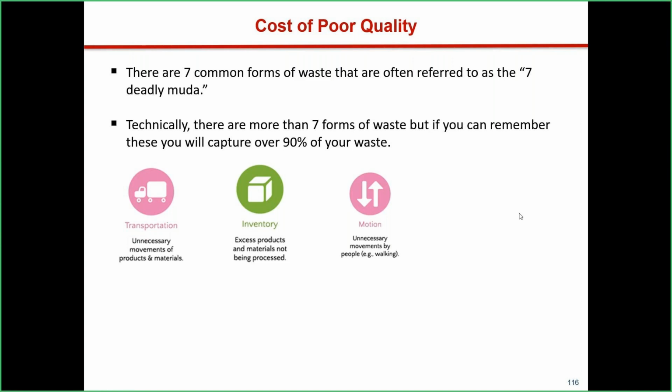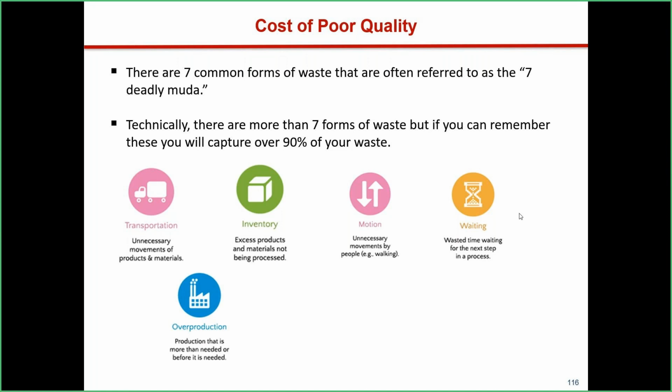Motion: unnecessary movement, people walking, yeah, it's a waste. It's motion. Waiting: wasted time waiting for the next step in the process is again a waste. Overproduction: production that is more than needed or before it is needed.